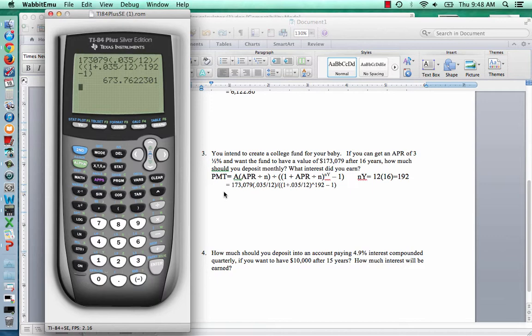And that would tell us that we need to make regularly scheduled payments of $673.76 to the nearest cent.